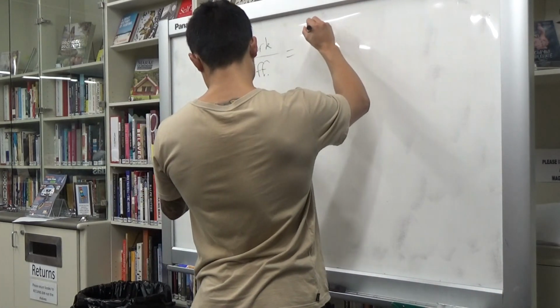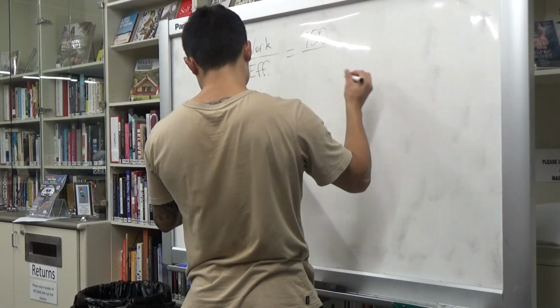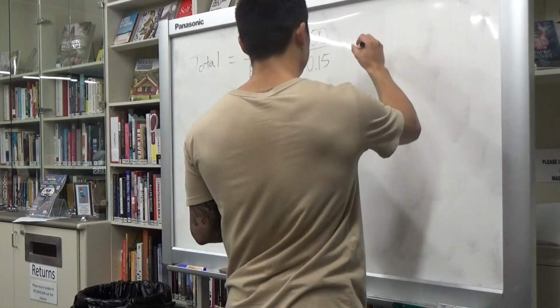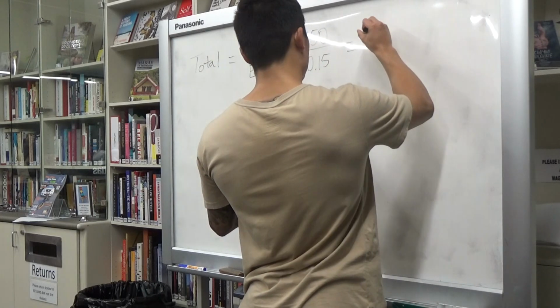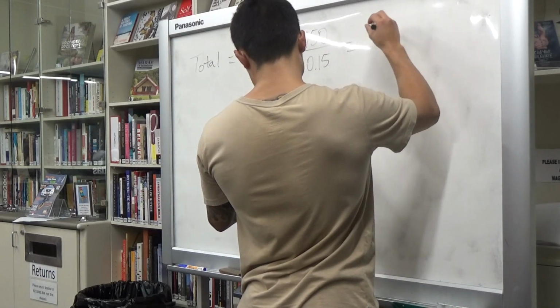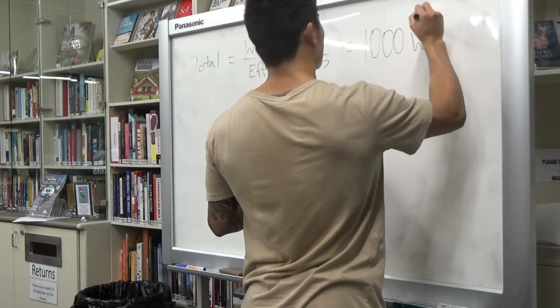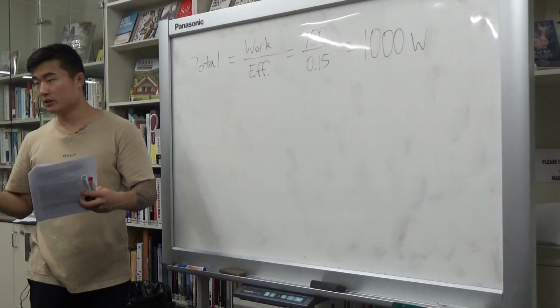So the work is 150 watts and the efficiency is 0.15 or 15%. So the total is going to be 1,000 watts. Watts, remember, is joules per second.